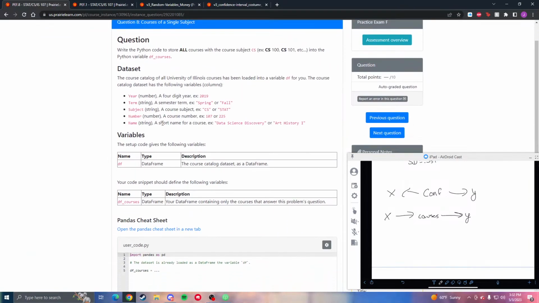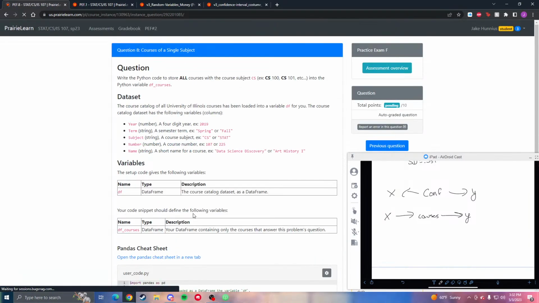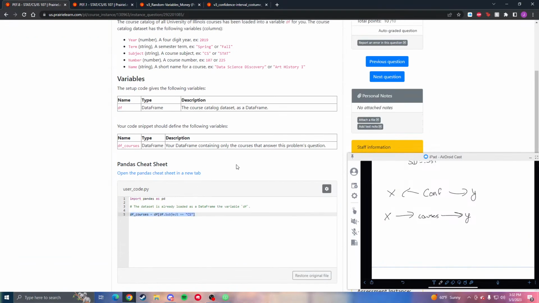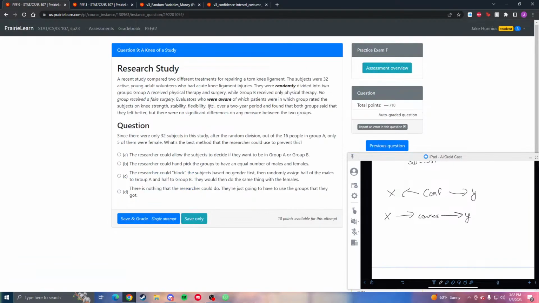This one is filtering in a data frame, so it's df at df.subject. You guys have done this a million times. I know y'all can do it.